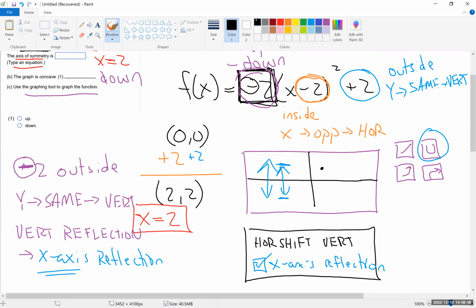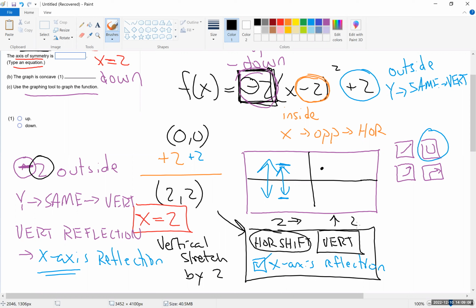Before we do that, we have to make sure to do order of operations. The 2 here is a vertical stretch by 2. So in that box where you're graphing it, but you're really not graphing it, you're just putting the information about the transformations, put the vertical stretch first, then you put your horizontal shift, which is 2 to the right, and then you put your vertical shift, which is up 2, and then the last thing you do is put in that it is vertically reflected.